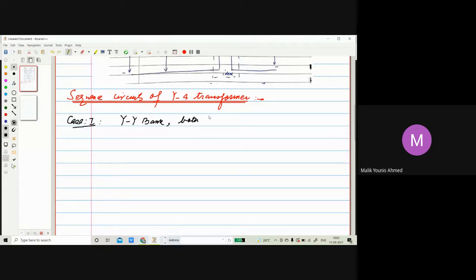So the star-star bank is there, with both neutrals grounded through impedance.